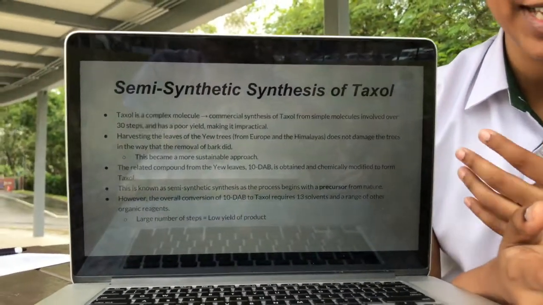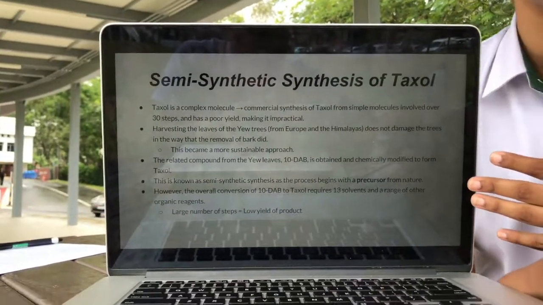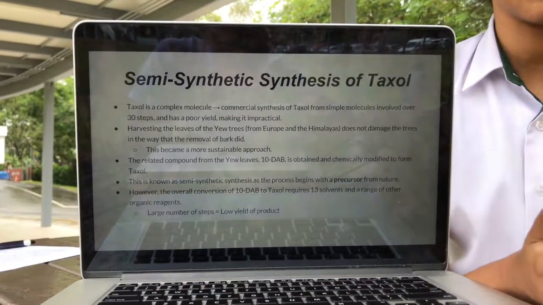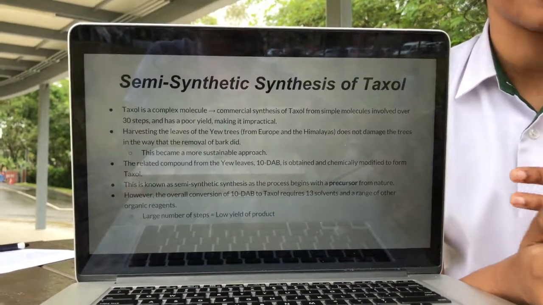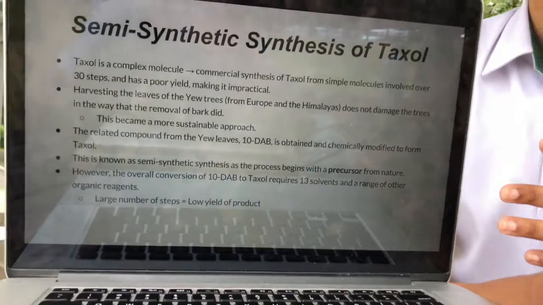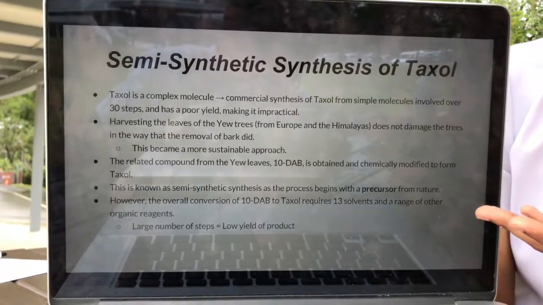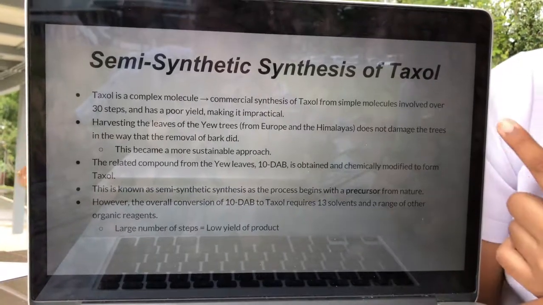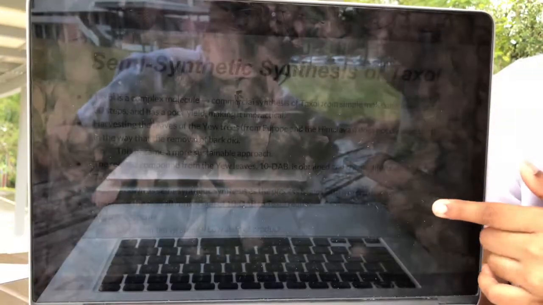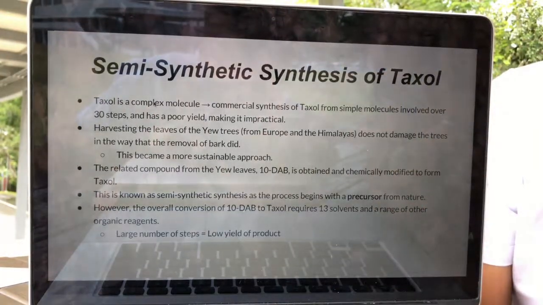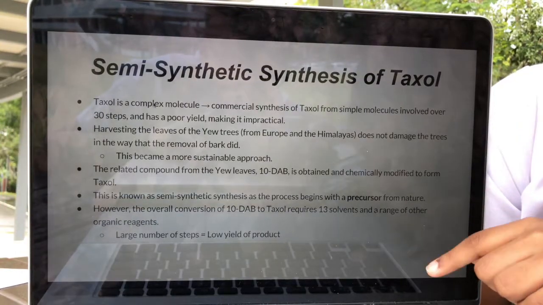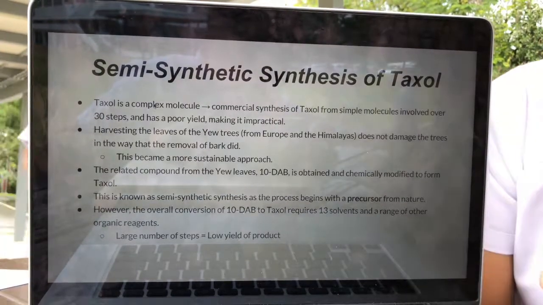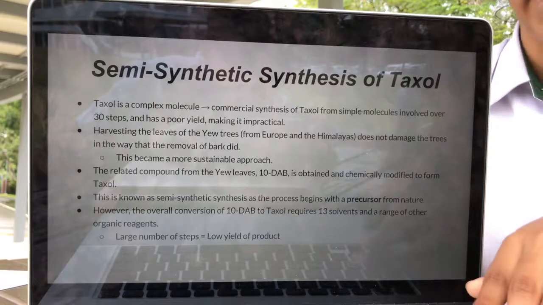So this became known as semi-synthetic synthesis, which began with a precursor from nature and ended up as Taxol. The process required the conversion of 10-deb, which is the related compound from the yew trees, and that was converted to Taxol using 13 solvents and a range of other organic reagents.